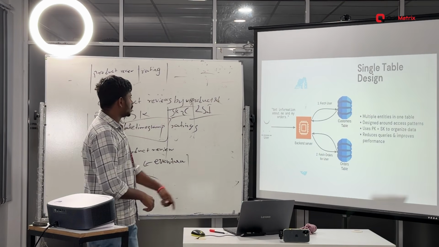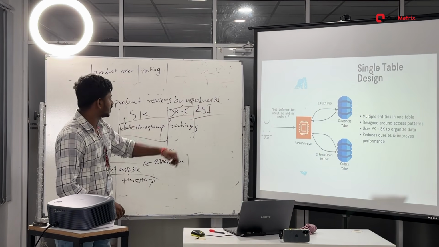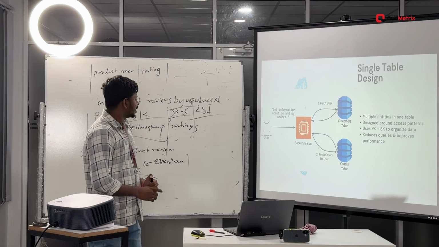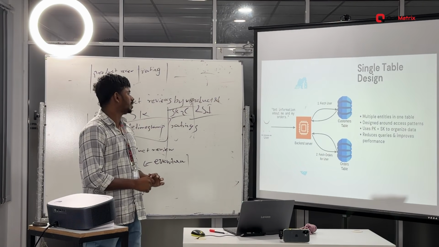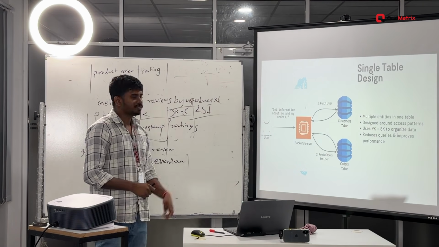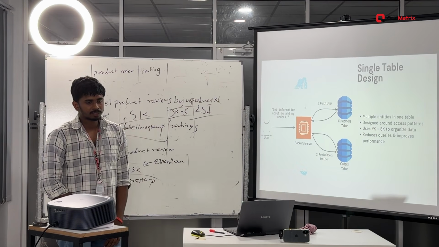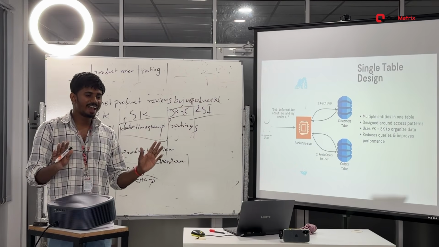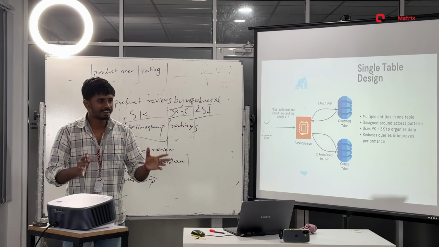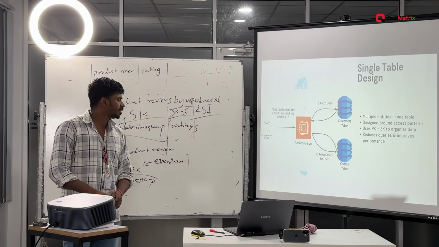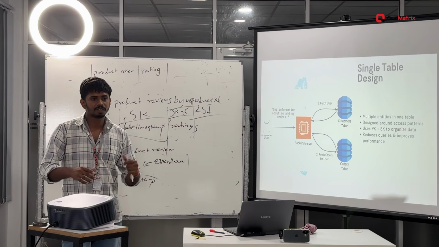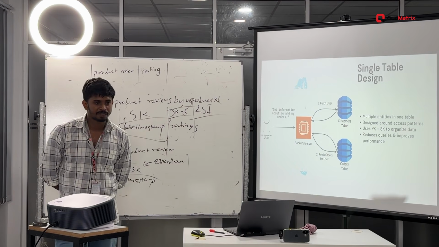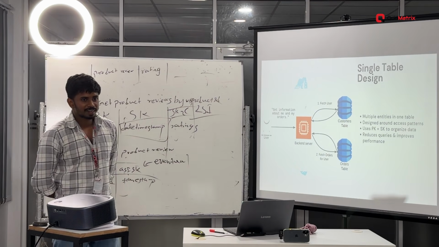So think about this example. Here you can see a user trying to get information about himself and his orders. Normally, without thinking about a single table, how do we store these separate entities? Think about this customer entity and order entity. Normally we store them in the database as separate tables, right?